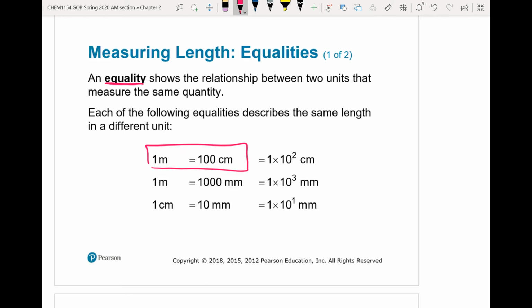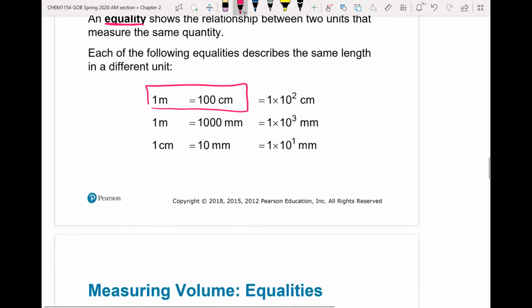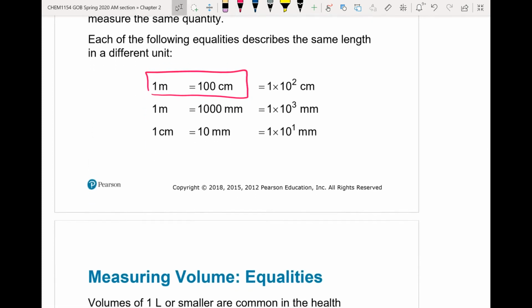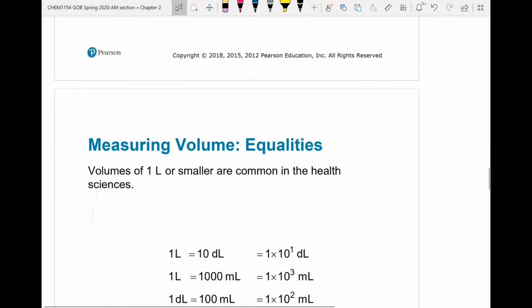Similarly, that same meter is equal to 1,000 millimeters, right? Those tinier units. So all an equality is one thing being equal to another thing. And the metric system and the prefixes tell you those equalities, as long as you know what each of the prefixes actually mean. So these are some equalities that we find measuring length. We can apply the same reasoning to equalities that measure volume.